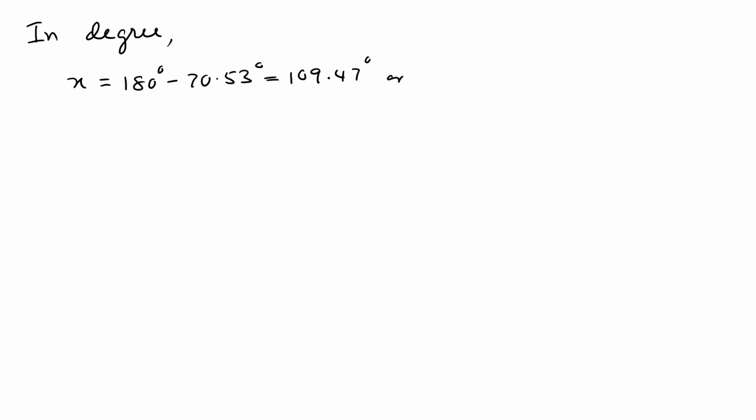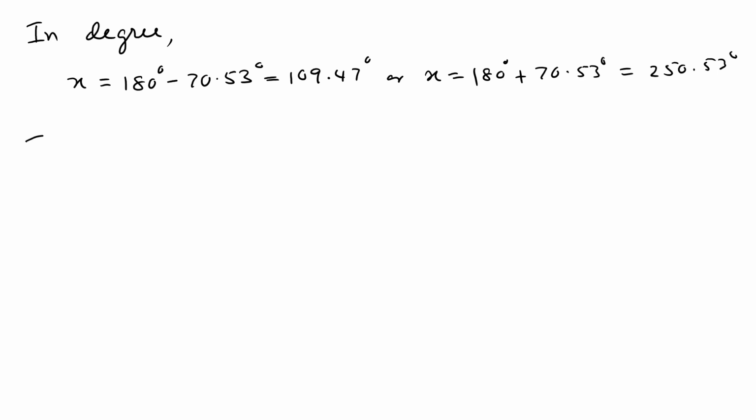Or the other one is x equals 180 plus 70.53, which is 250.53. So these are approximate values. These are not exact values, these are approximate values.